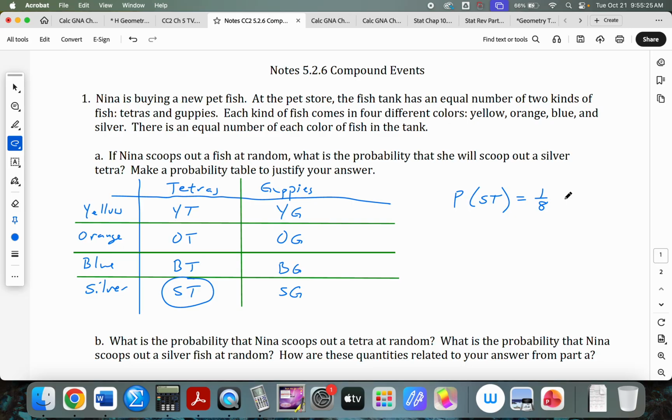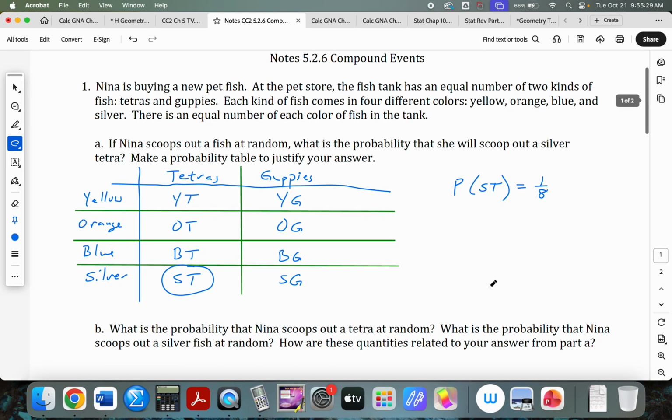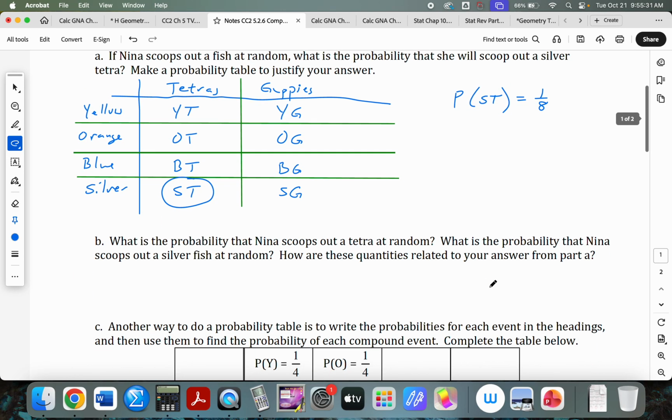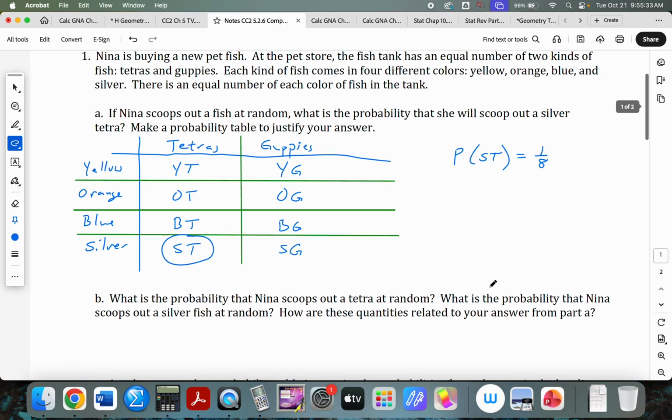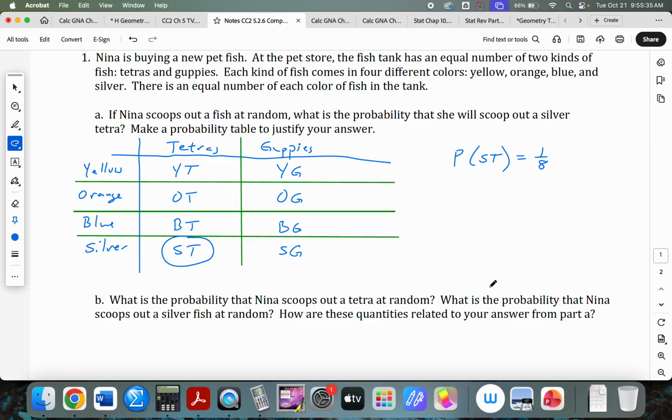Yeah, that's what I would do in the first one. Like 1/2 by 1/4. Okay. Yes. For like you saying 2 times 4 would make 8, and then you would have to find how many silver tetras there are.